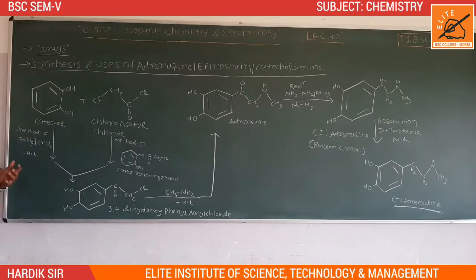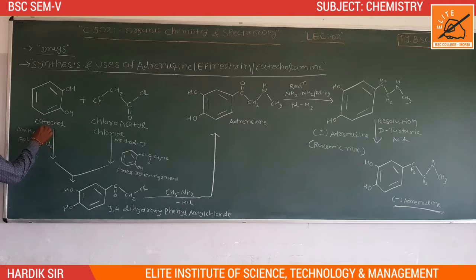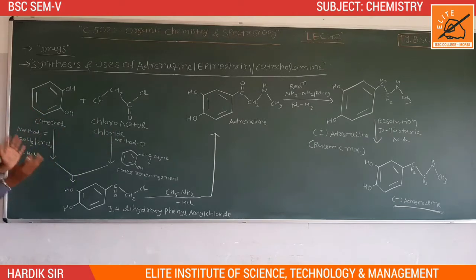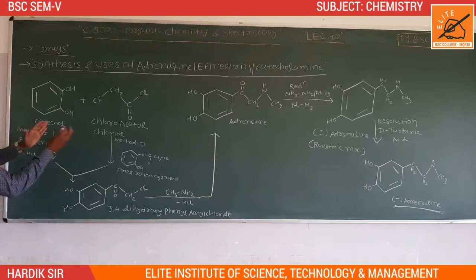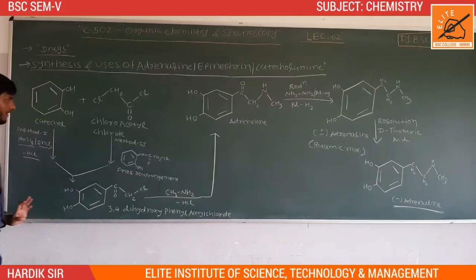Now we require some reactants, catechol and chloroacetyl chloride, reacted by method 1 and method 2. In method 1, catechol and chloroacetyl chloride are reacted with POCl3 and ZnCl2, removing HCl, to produce 3,4-dihydroxyphenyl acetyl chloride.